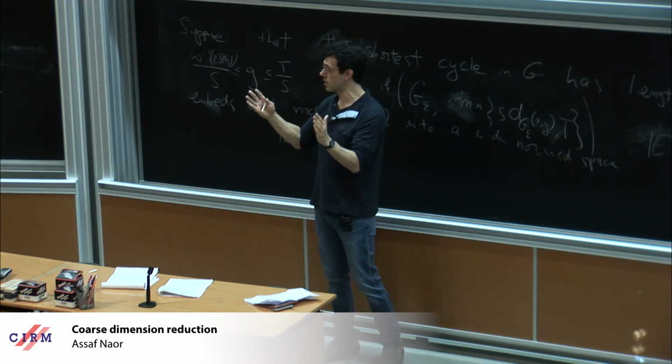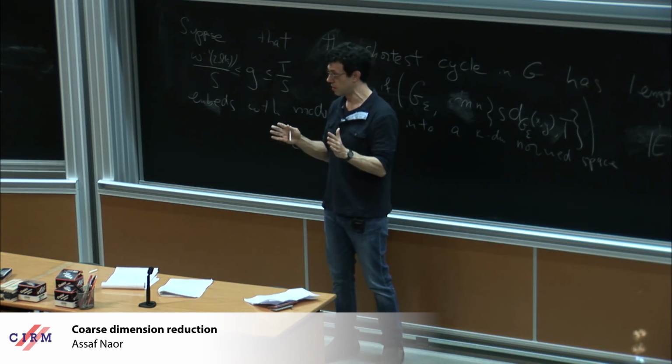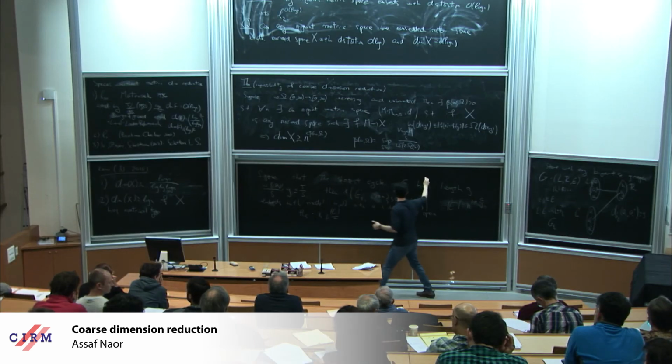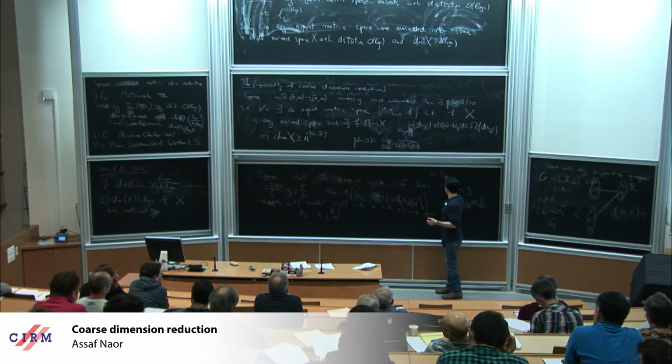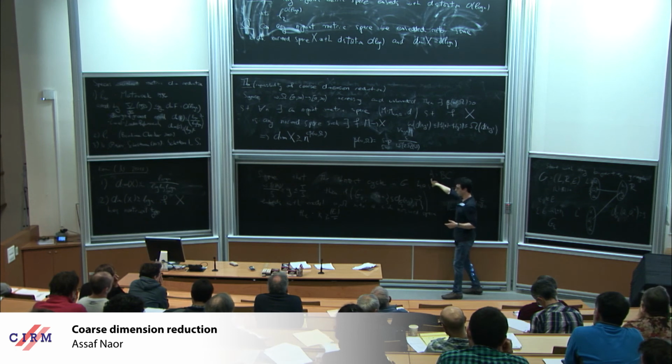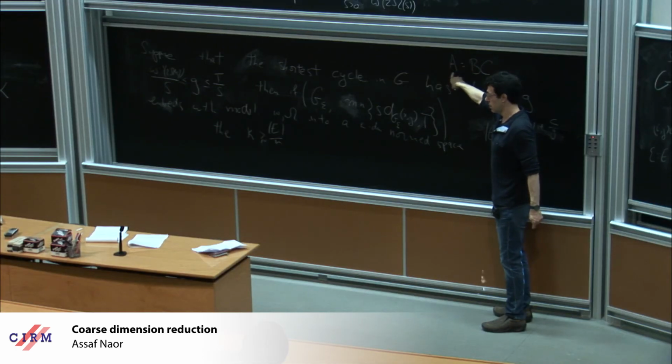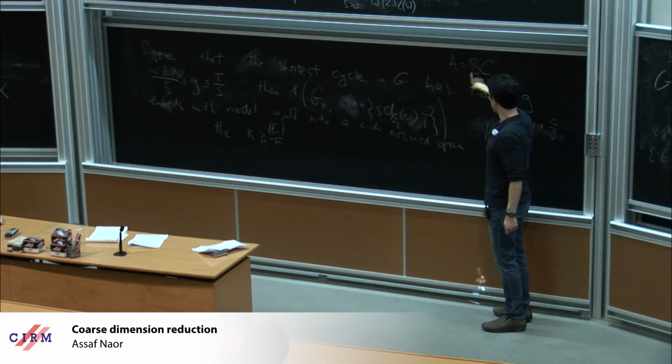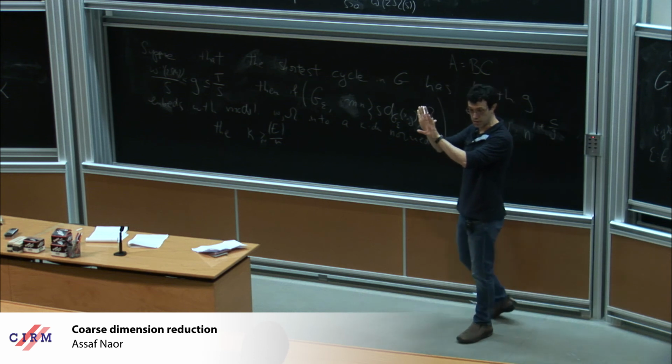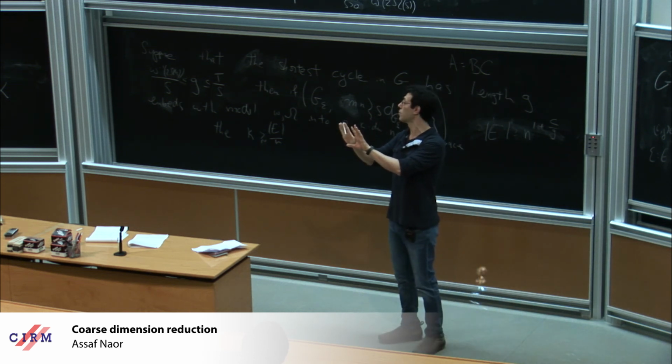But what does it mean that a matrix is low rank? It means that if this were n by n, you can write it as an n by r matrix times an r by n matrix. So it's actually a product of two matrices with a small number of entries.